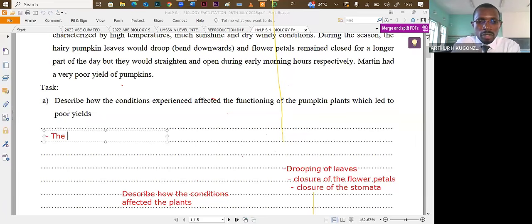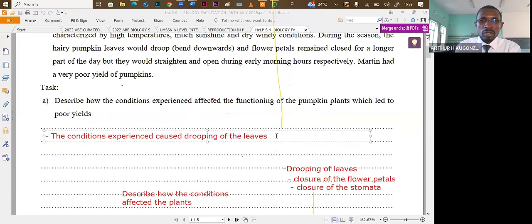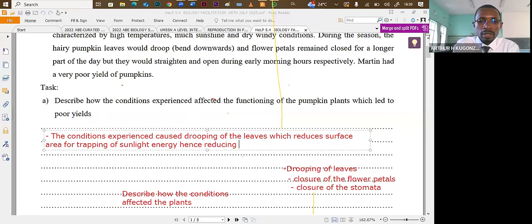I will say the conditions experienced cause the drooping of the leaves, which reduces surface area for trapping of sunlight energy, hence reducing on the rate of photosynthesis.